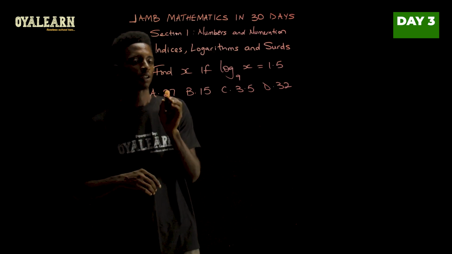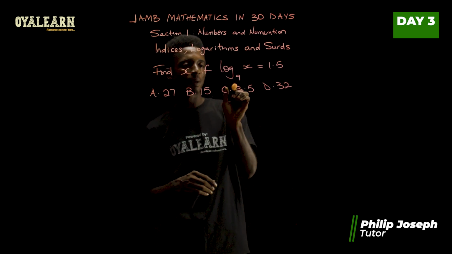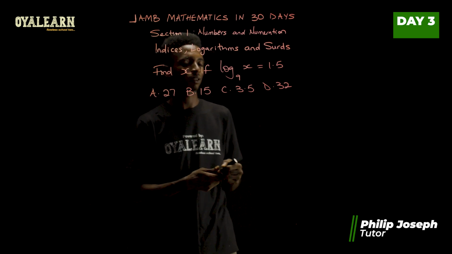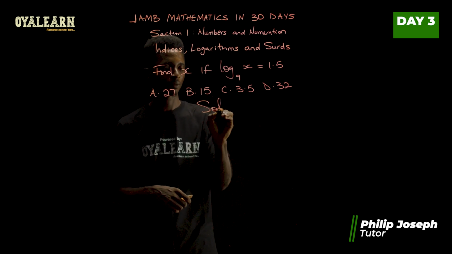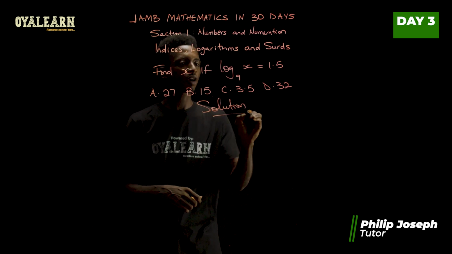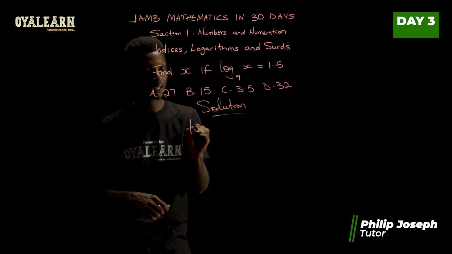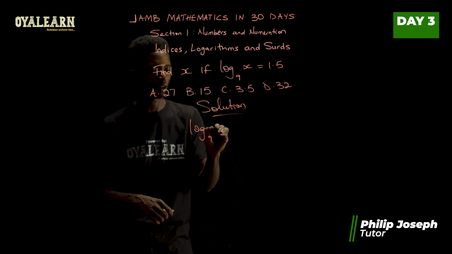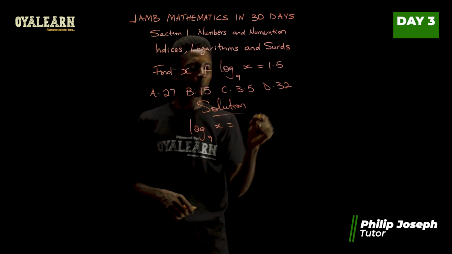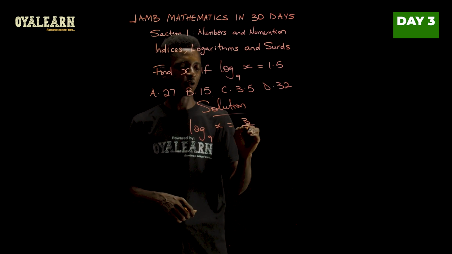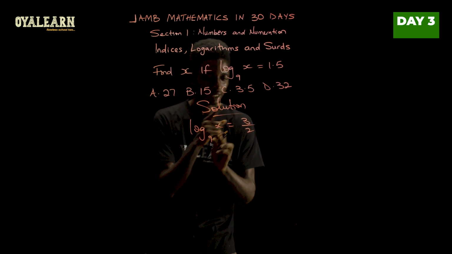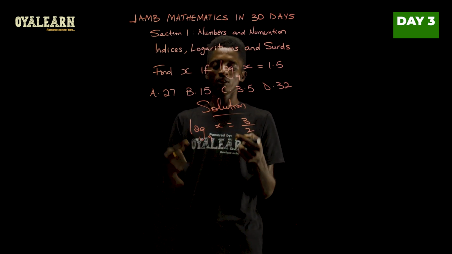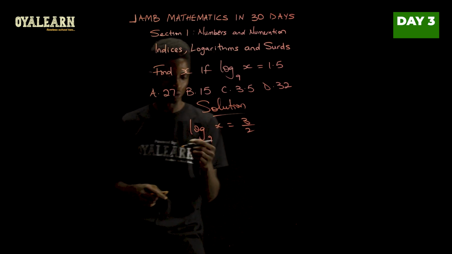In this question, we have to find x if log base 9 of x equals 1.5. To solve this, we can write and say log base 9 of x equals, now 1.5 is same as 3 over 2. Now, we can then look at the relationship between indices and logarithm to solve.